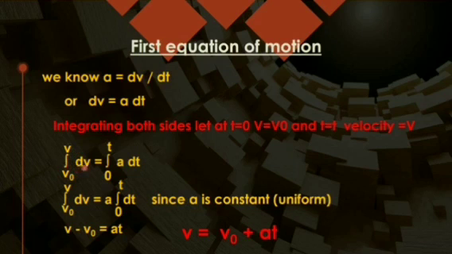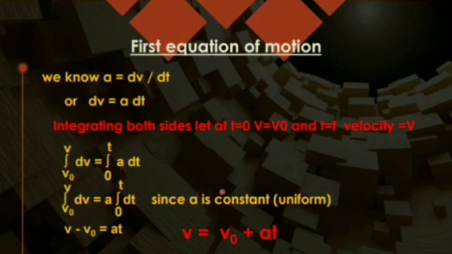In the integration of dv, the variable is velocity, so the limits will be for velocity. Here the variable is time, so the limits will be for time. When time changes from 0 to t, velocity changes from v0 to v. The integral of dv is simply v, and upper limit minus lower limit gives v minus v0.